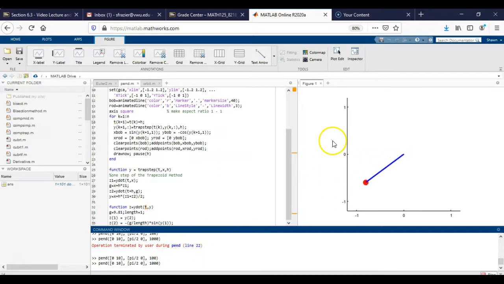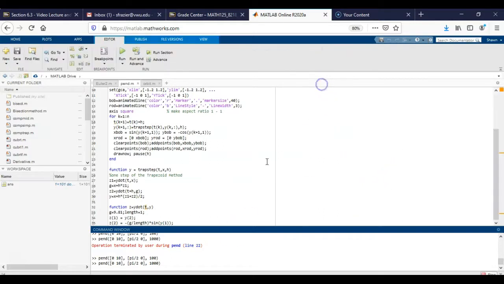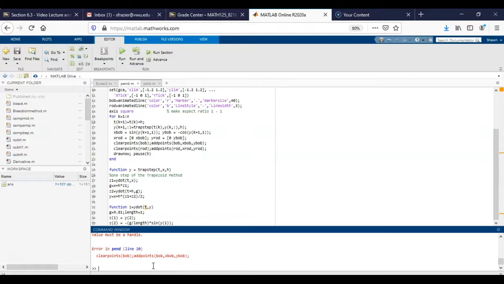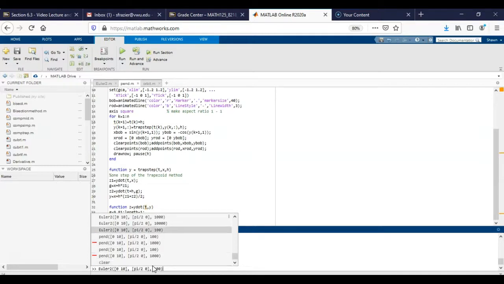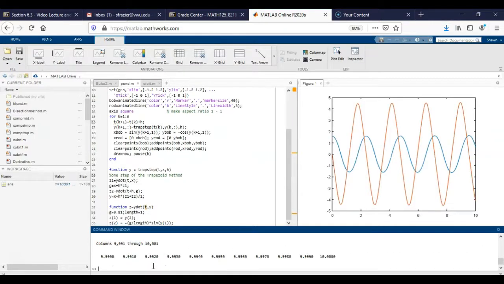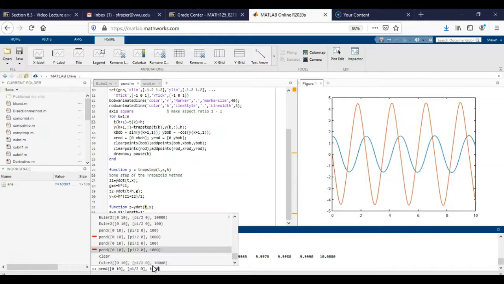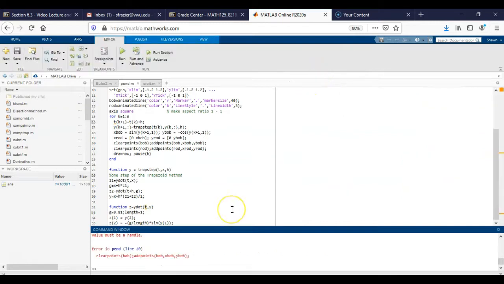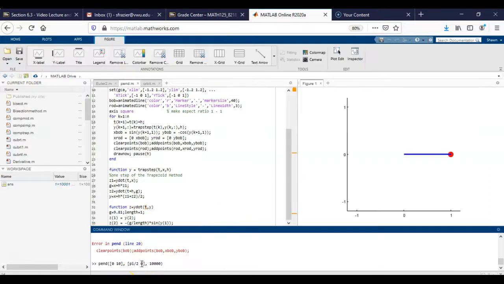So without wasting time, we can do the animation for our 10,000 steps. Of course, this one's going to move extremely slow because it's computing at a very small h, right?